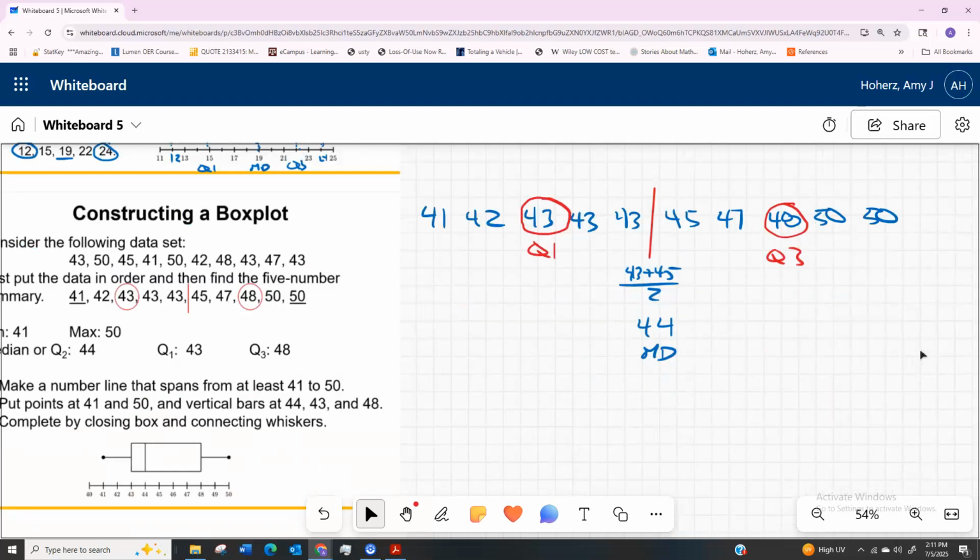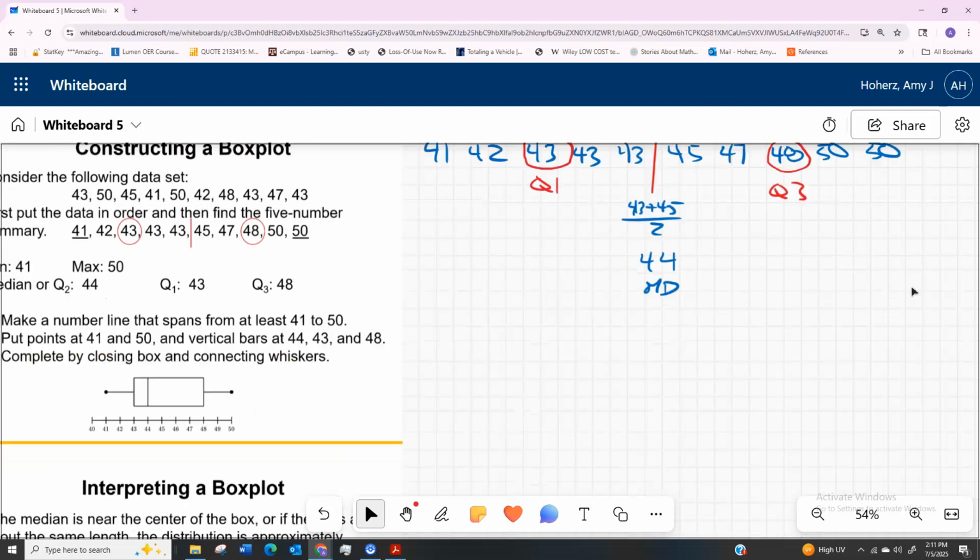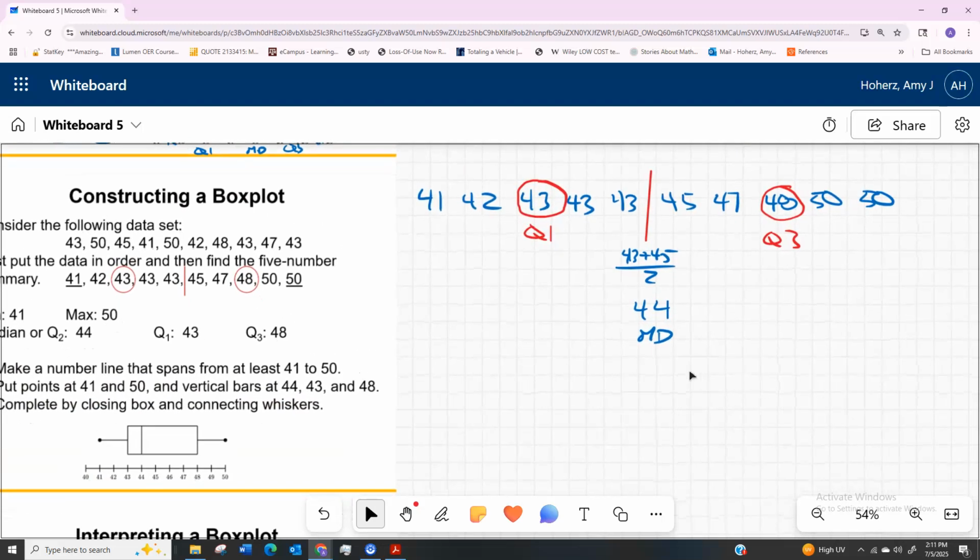Okay, so we've got our Q3, our Q1, our median, and then I like to use just an underline for the minimum and maximum. So the minimum is 41, the maximum is 50.